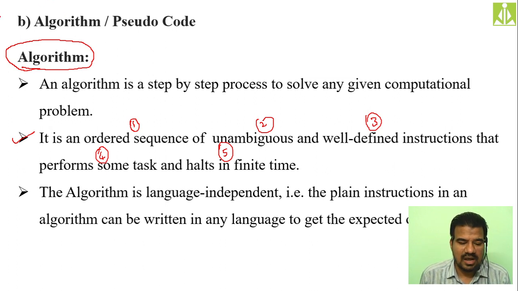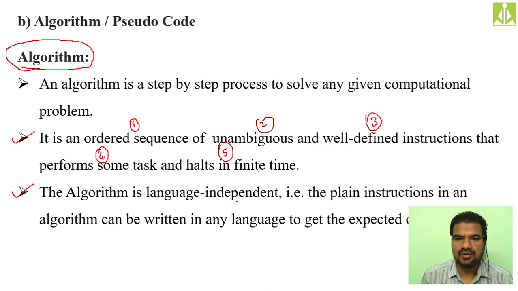So just see the last point: your algorithm is language independent. That means we can write the algorithm in any natural language. There is no need to depend on any computer programming language, or to follow any syntax of a programming language.